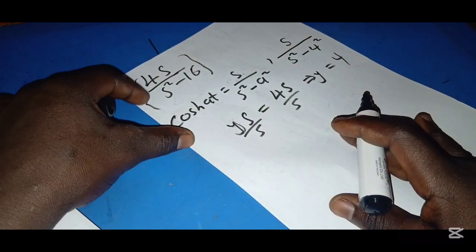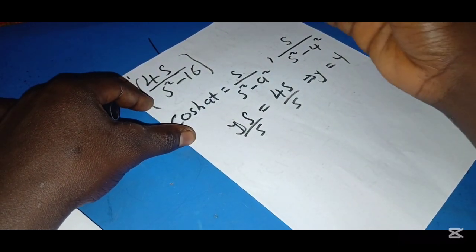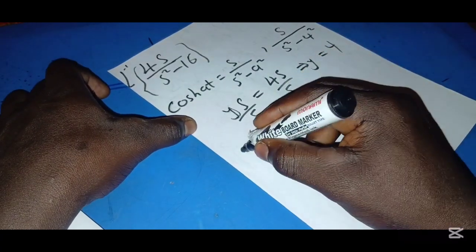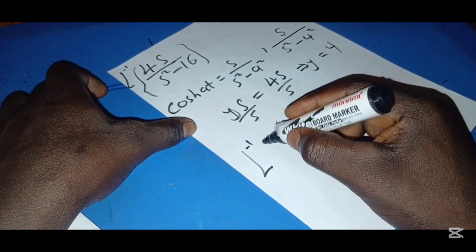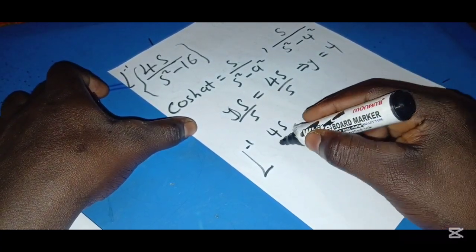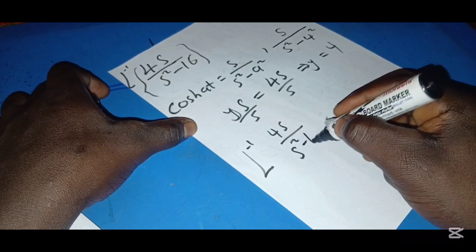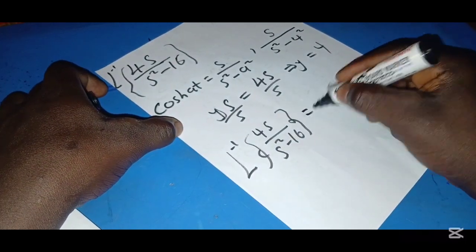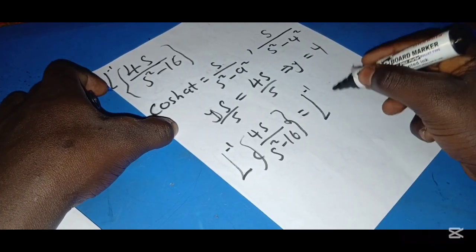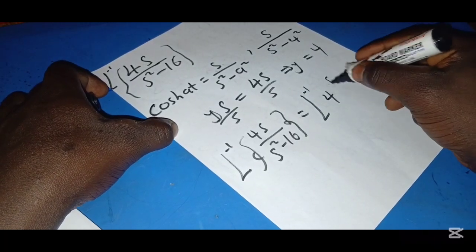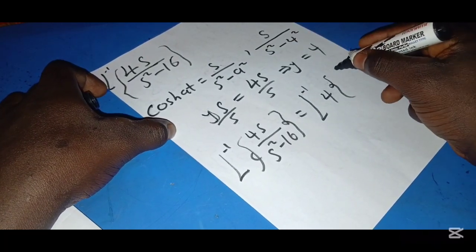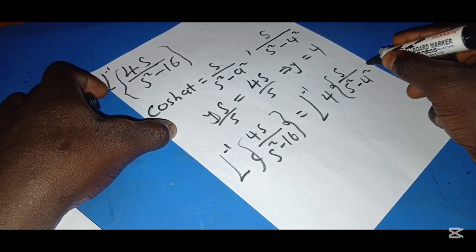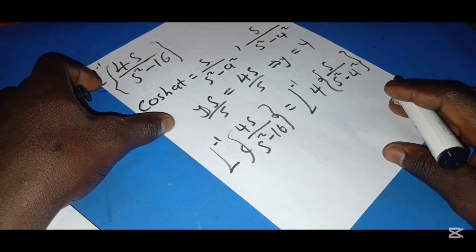So now I'm done analyzing my denominator and my numerator and I found a constant. Let's go ahead and finish what we started, right? So the Laplace inverse of 4s over s squared minus 16 will be the same as Laplace inverse of my constant 4 times s over s squared minus 4 squared.